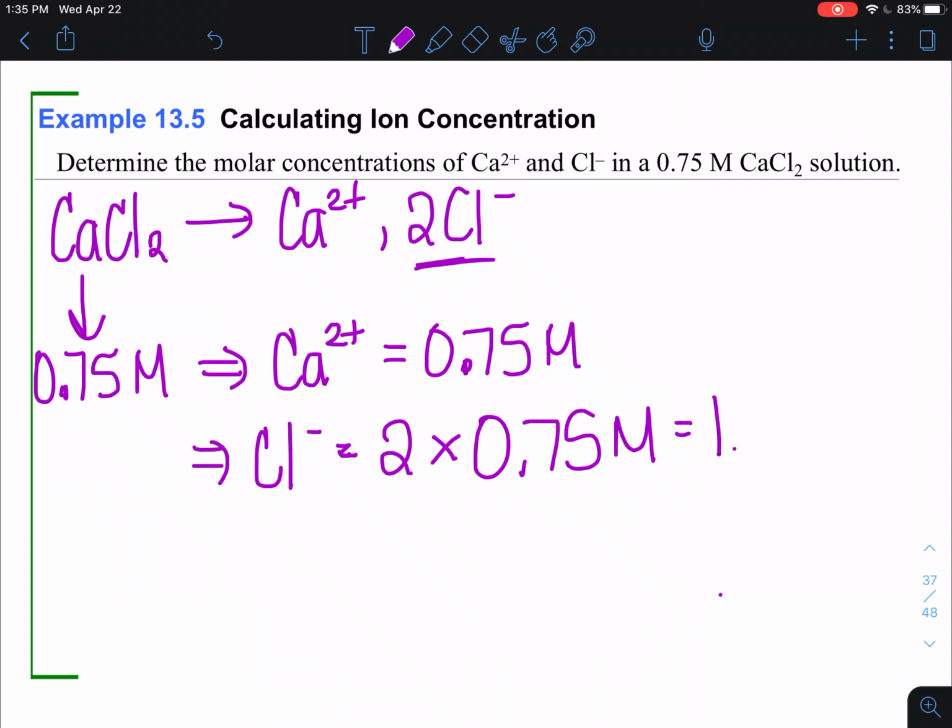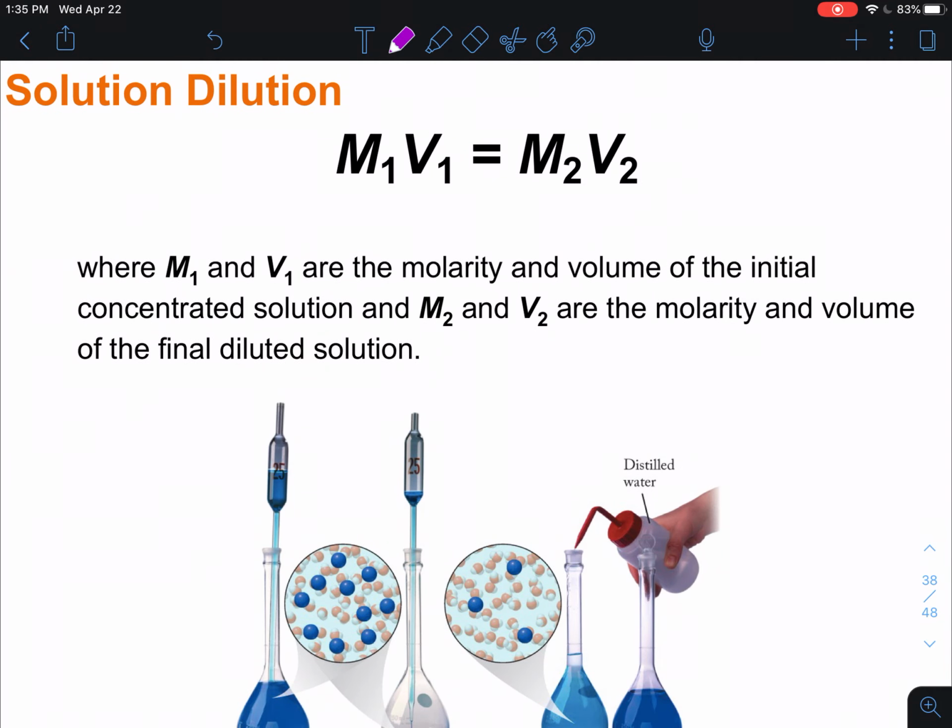So it's going to be 1.50 molar Cl. Okay, pretty straightforward. All right, so now we're going to talk about dilutions really fast.